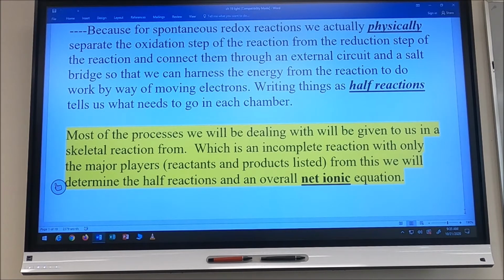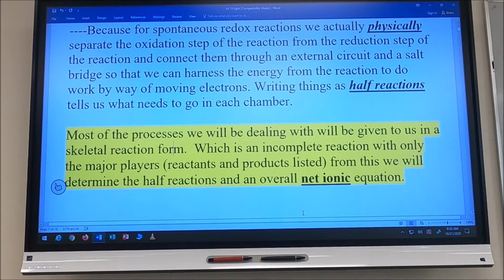net ionic equations. Most of the processes we'll be dealing with will be given to us in what's called a skeletal reaction form. In a skeletal reaction form, we're given an incomplete reaction.